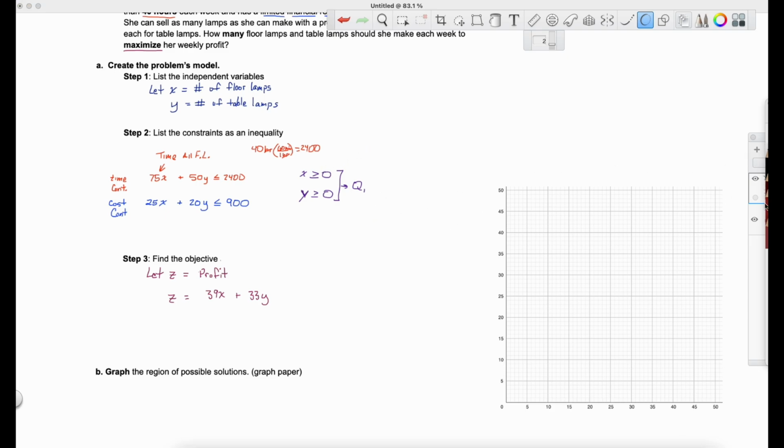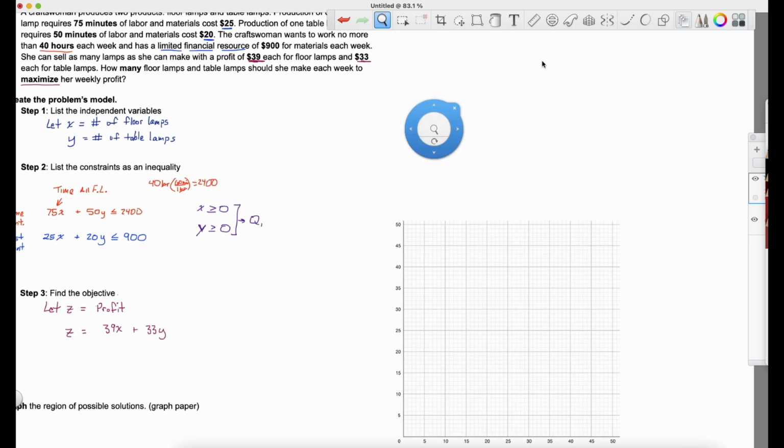Let's take our first equation: 75x plus 50y is less than or equal to 2400.